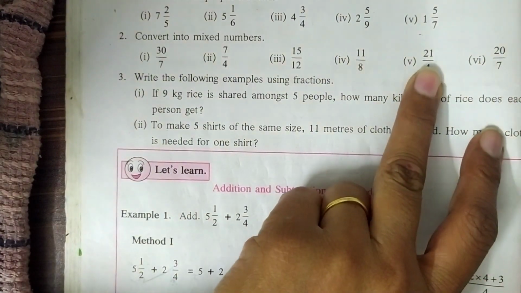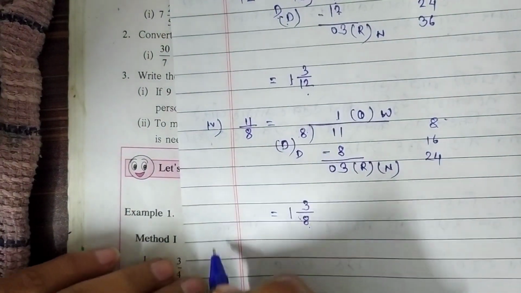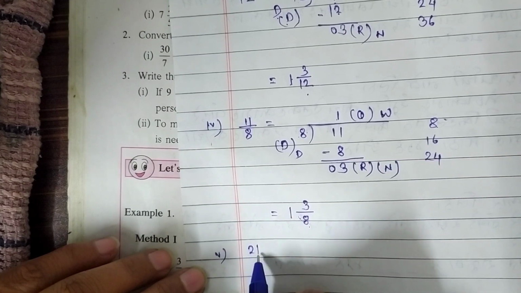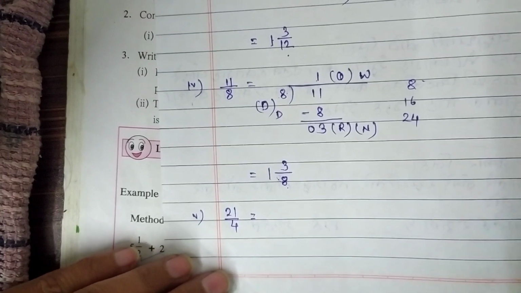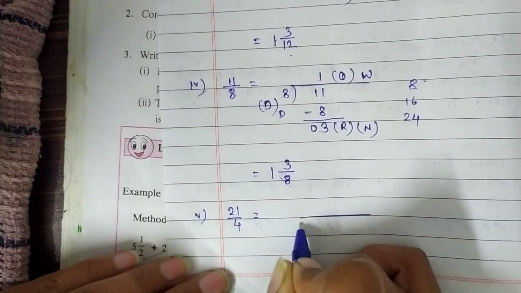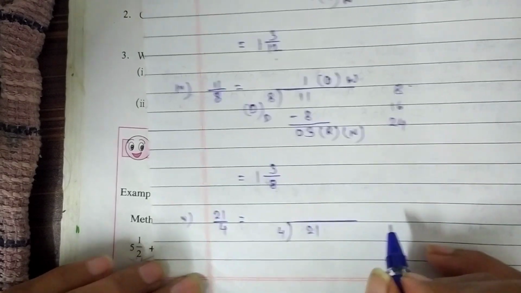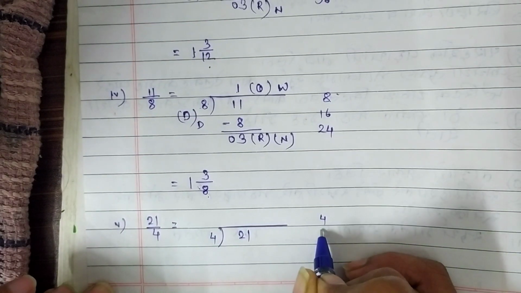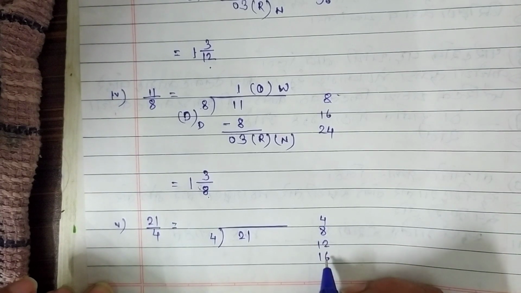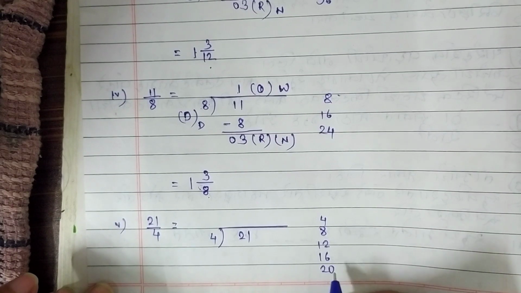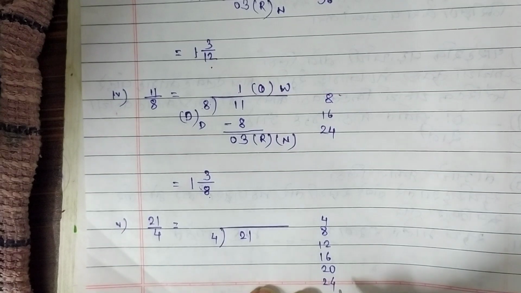Fifth question is 21 upon 4. Let's divide it. 21 divided by 4. 4 ones are 4, 4 twos are 8, 4 threes are 12, 4 fours are 16, 4 fives are 20, and 4 sixes are 24.